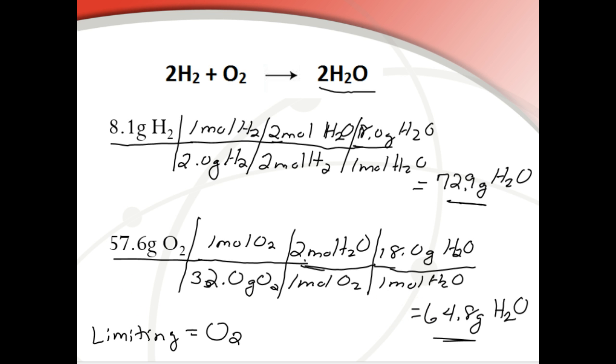Now we can do this another way, where we compare the two reactants, where we convert something like 57.6 grams of oxygen to hydrogen and see what we have. We can do that real quick. I'll just do this right here in the middle, just to show you the other way of doing it. And you can do it either way.